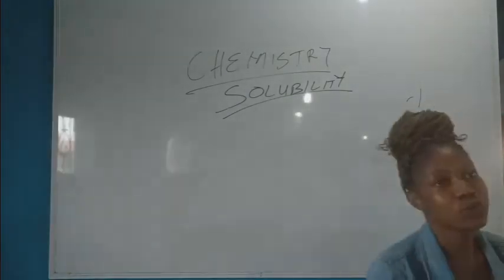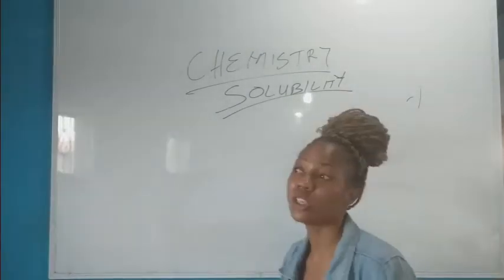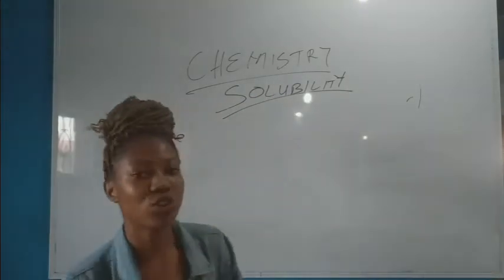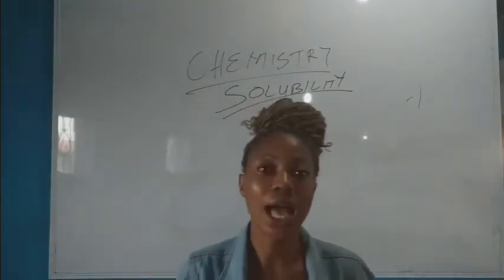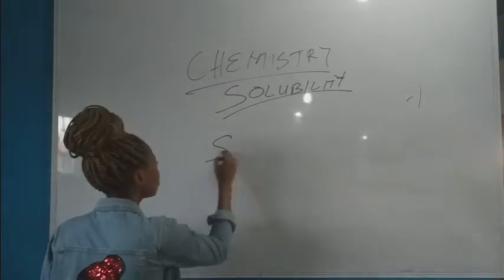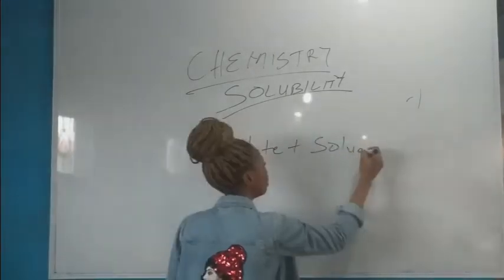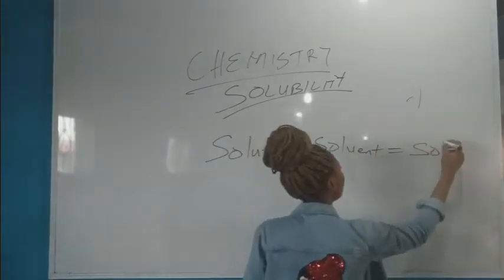So now let's move to the types of solution we have. What is a solution? First of all, a solution is any mixture that contains a solute and a solvent. So we have solute plus solvent equals solution.